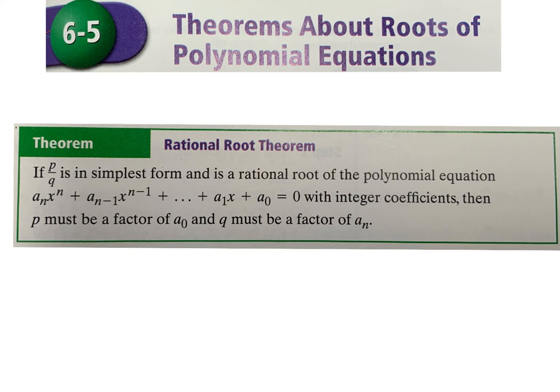All right. This means that if you have a root of this, what do I mean by that? A zero. Like if you have a number that when you plug it in, you're going to get it equal to 0. Then it has to come from the factors of your leading coefficient, the very first guy in front of your first term, and the constant.